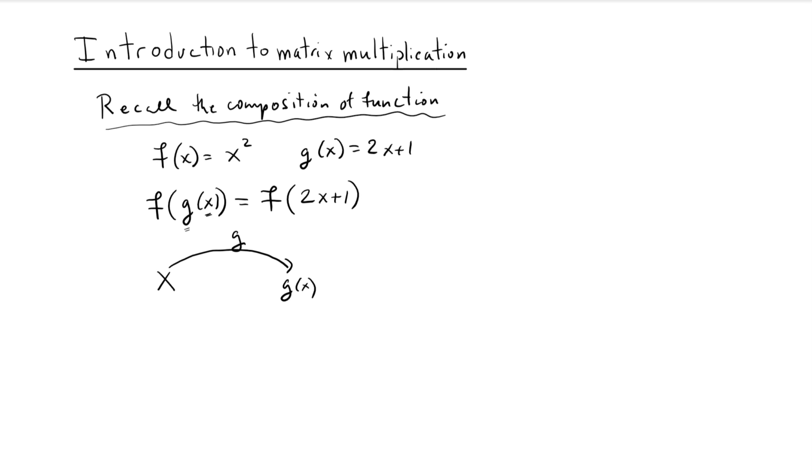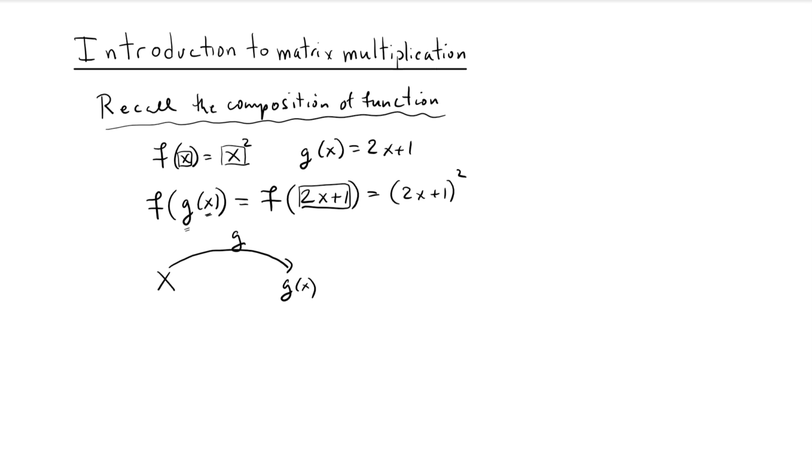Then g of x becomes the input to function f, and what comes out of it is the input squared. So I get 2x plus 1 squared.